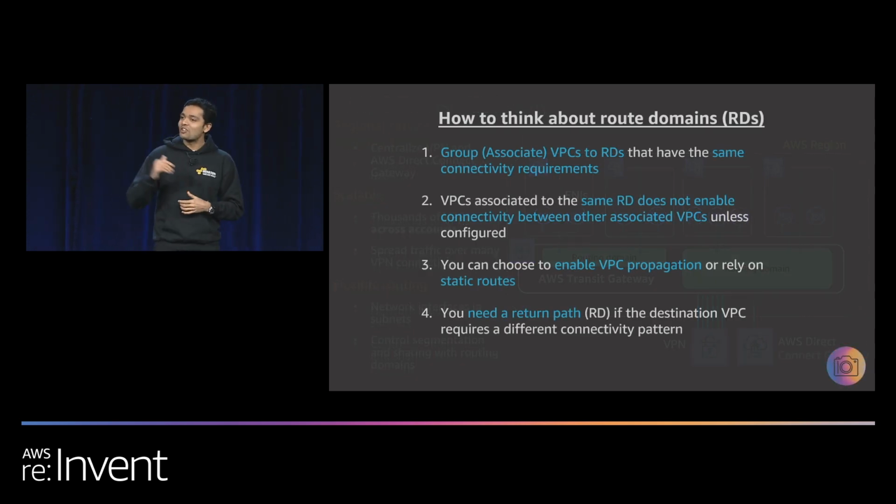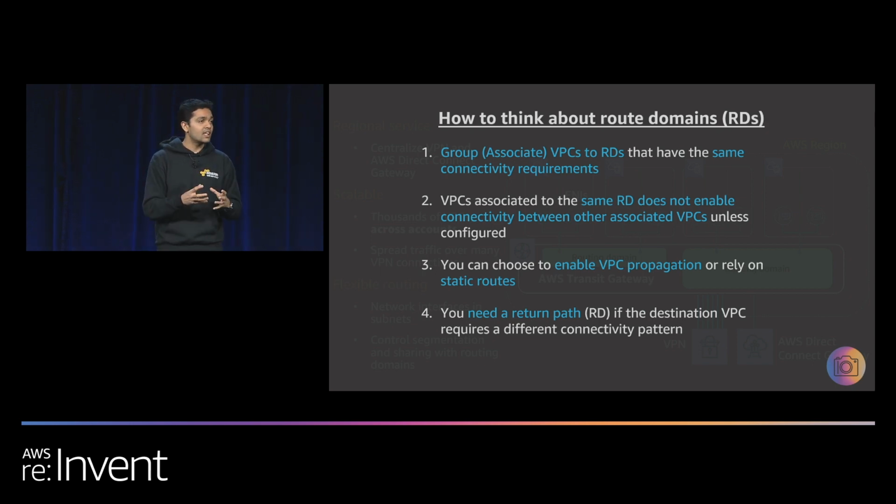Thanks. All right. So how to think about routing domains? You should group your VPCs with the same connectivity requirements, patterns, or policies inside the same routing domain. However, associating these VPCs to the same routing domain does not automatically enable connectivity between them until you configure it.